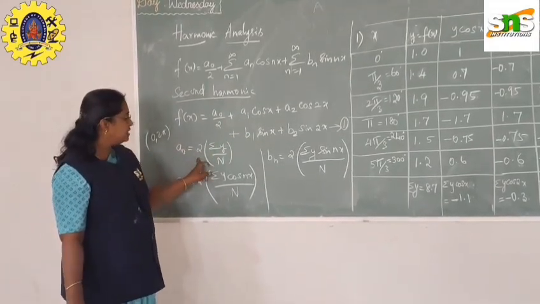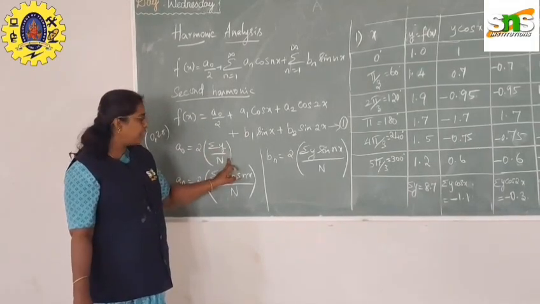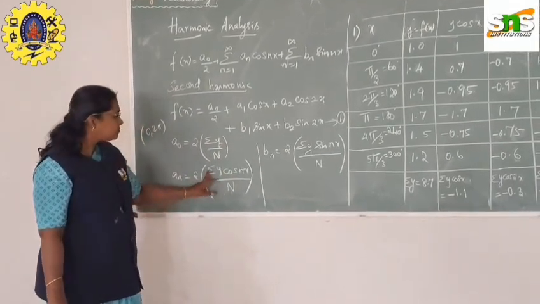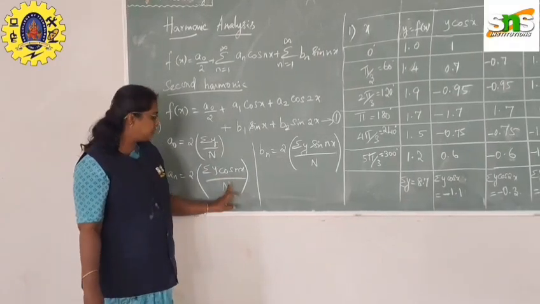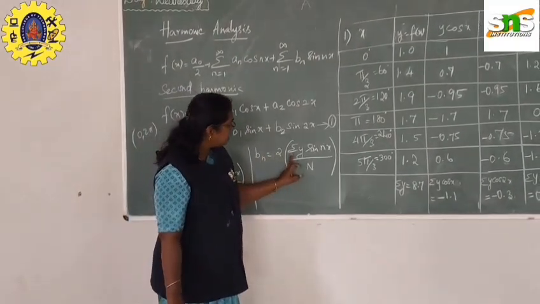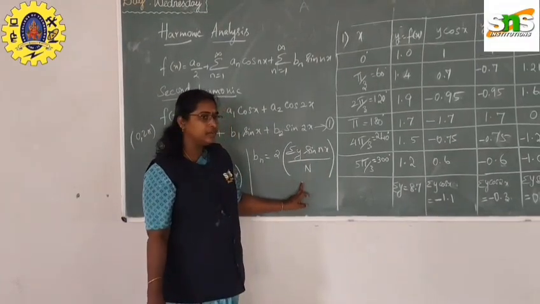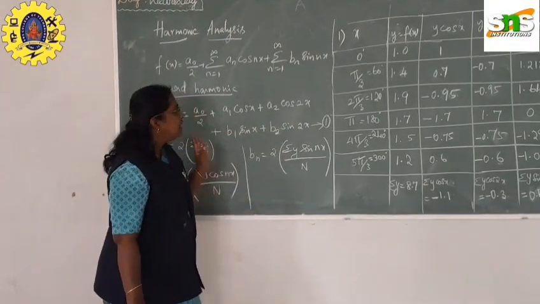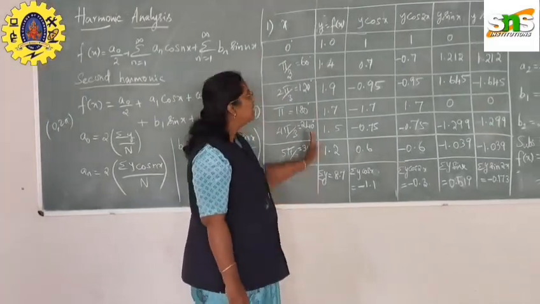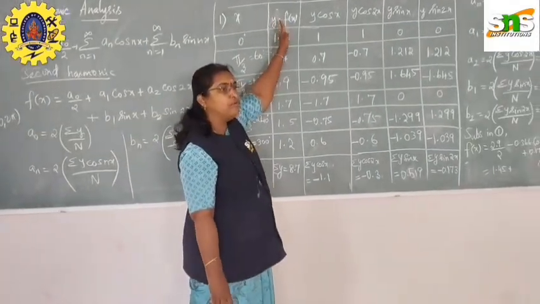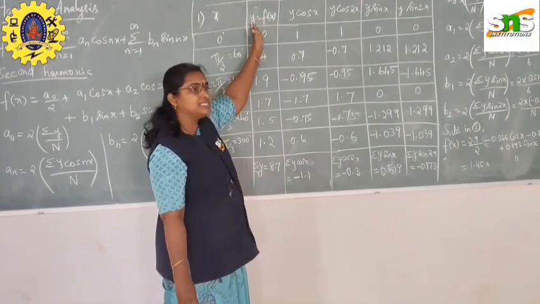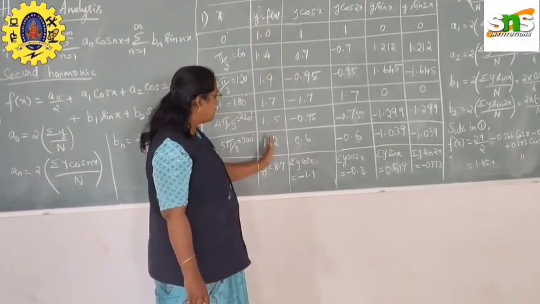So a0 is twice the summation y divided by n, a n is twice the summation y cos nx divided by n, and b n is twice the summation y sin nx divided by n. Here, the x values are given as theta values, and the corresponding y values are given. The corresponding f of x and y are both the same.